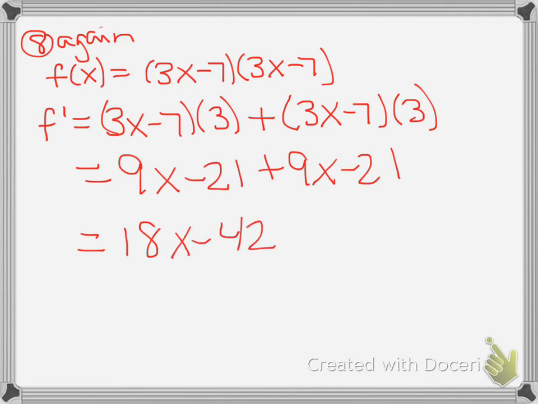And you might be thinking, but wait, Ms. Gutierrez, that doesn't necessarily seem that much shorter. Well, that's when you get to decide, is it easier just to FOIL something out, or do I want to do the product rule? Well, what happens is, with the product rule, I will now start formal example number 1. Sometimes you have to use the product rule, or it's a little bit faster to use the product rule.